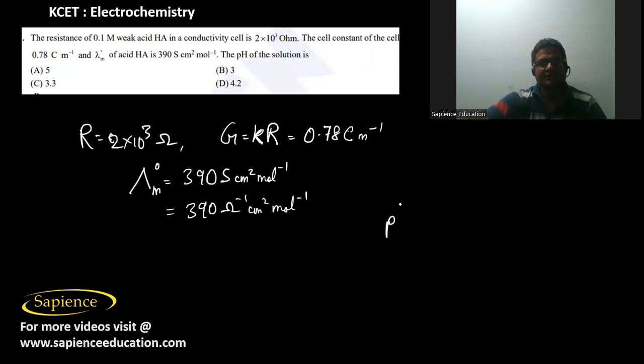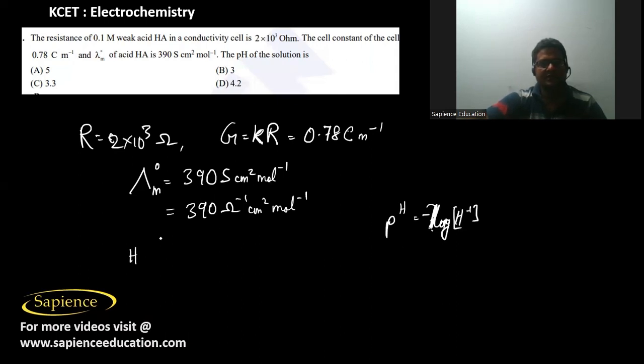So now the pH of the solution has been asked. pH will be how much? So from here pH is equal to the minus of log of concentration of H plus, obviously.